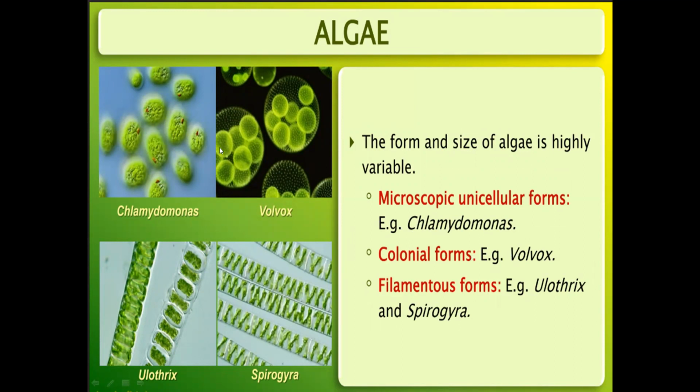Colony means they will stay in a group like this. Filamentous, like Spirogyra and Ulothrix. This is filament. I will try to get this filamentous next time and we'll see it under the microscope. So in a colony means they are in a group.